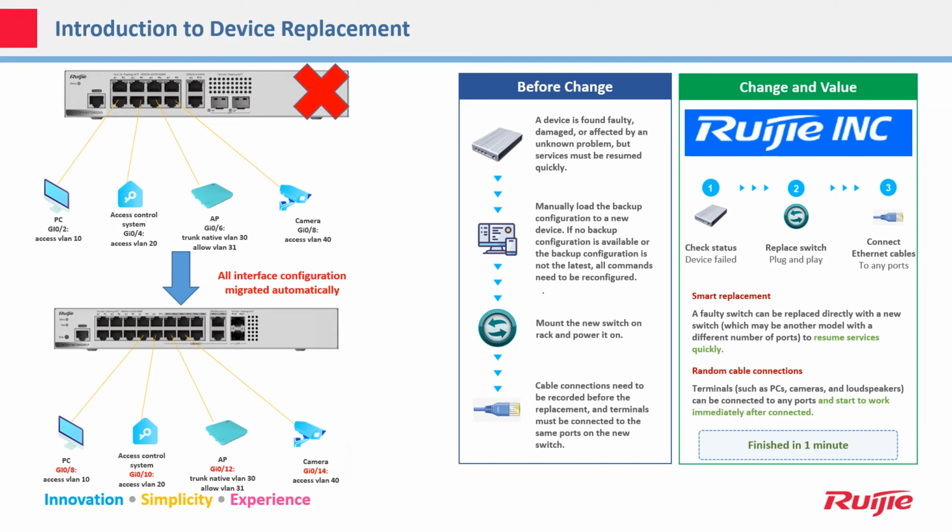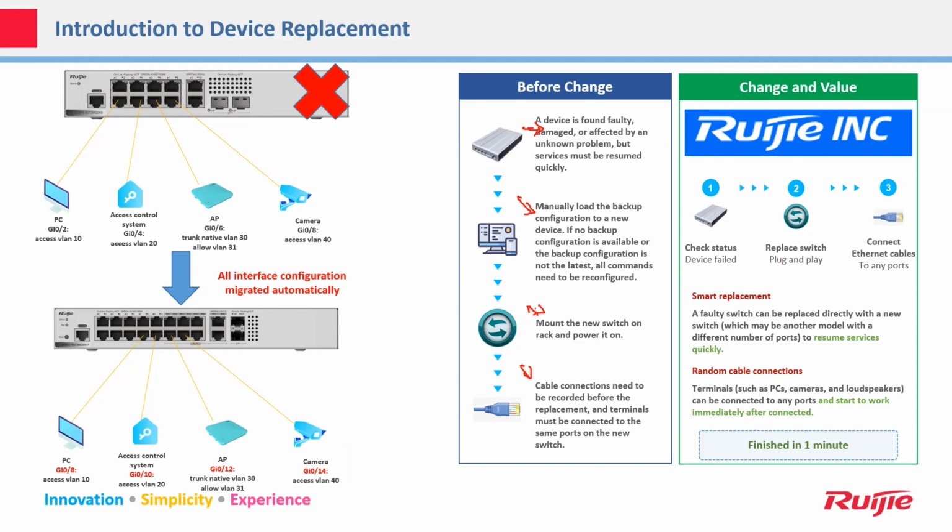Let's see the solution before. Now a device is found faulty, so we should replace it. We should manually load the backup configuration to a new device. If there is no backup, we should configure it manually. Then mount the new switch on the rack and power it on, then connect the cables. This is the process of the traditional device replacement.